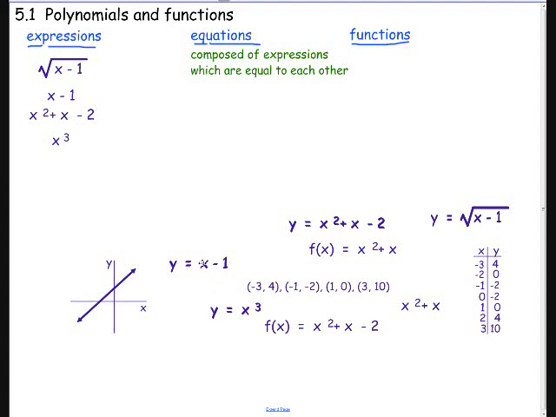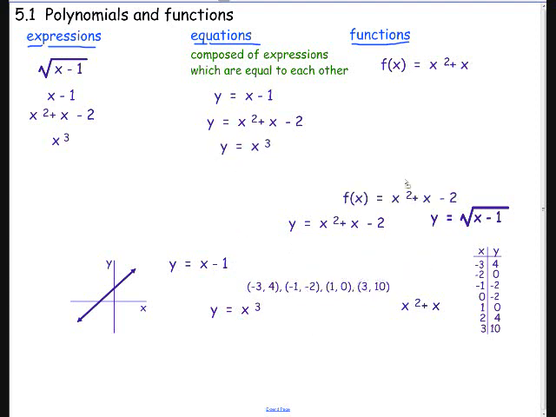Okay, how about equations? Well, this is an equation. This is an equation. This we know is a function because of functional notation. What else do we have? This is an equation.